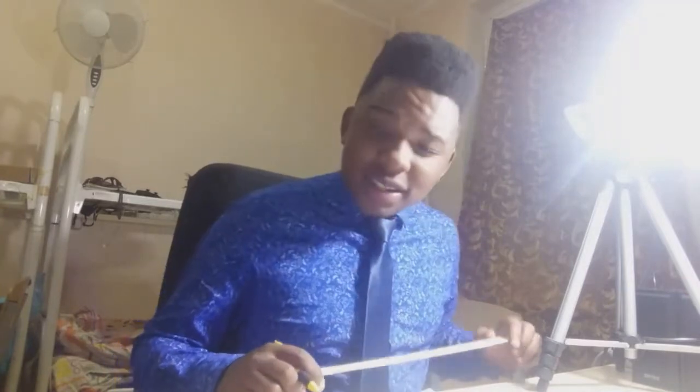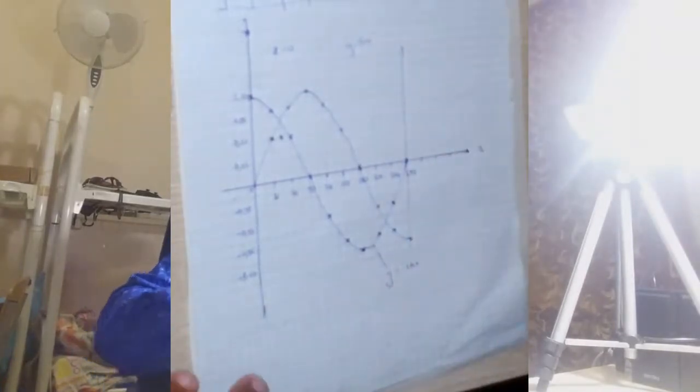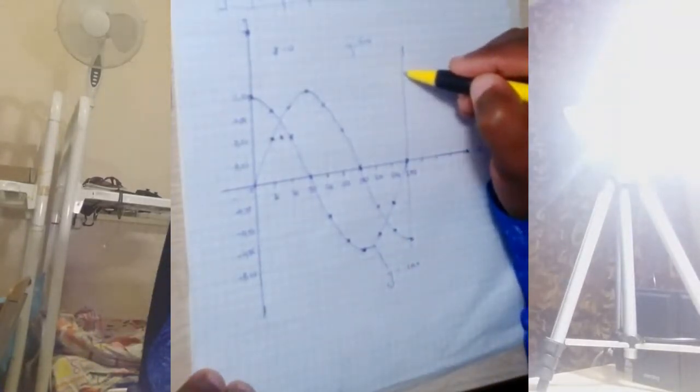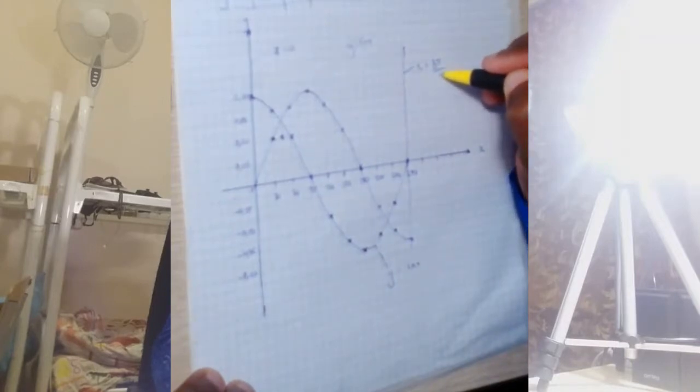So x equal to 270 degrees in our graph is just a vertical line which passes through x equal to 270 degrees. So I'll plot it so that you see it. x equal to 3 pi divided by 2.